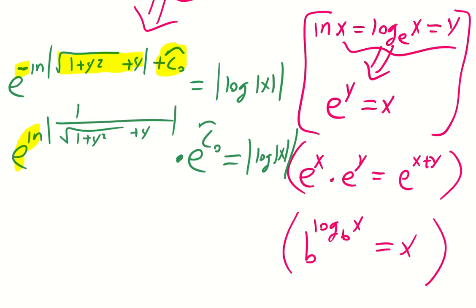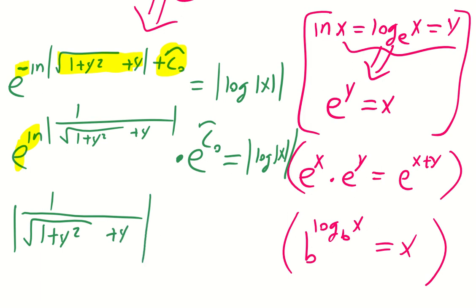And so we can write the absolute value of the following quantity. And this e raised to the c naught tilde power is an arbitrary constant, so I'll just say that's c, and that equals the following.